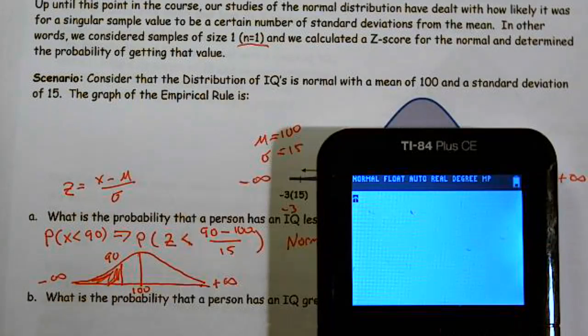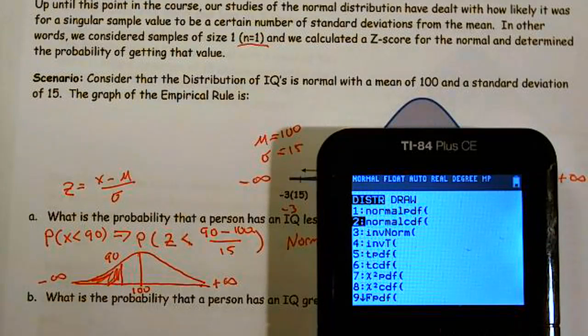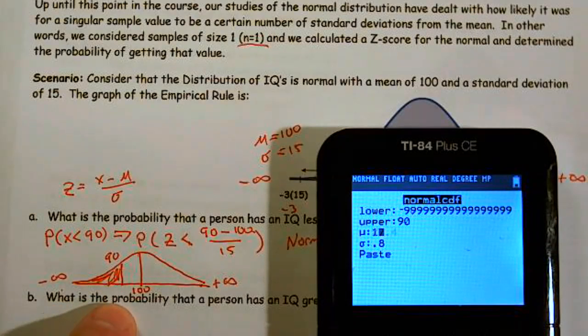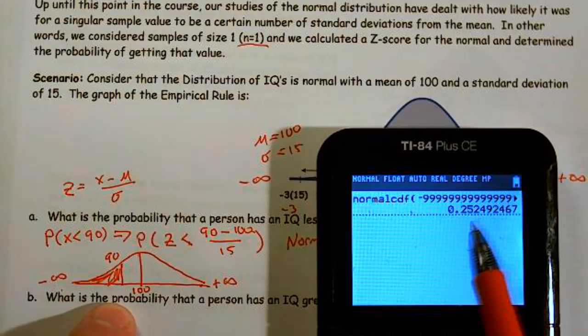So second vars, normal CDF, lower is -infinity, so I'll load that up with a bunch of 9s. Upper is 90, mean is 100, standard deviation is 15. When I calculate that, I end up getting a value of 0.2524.